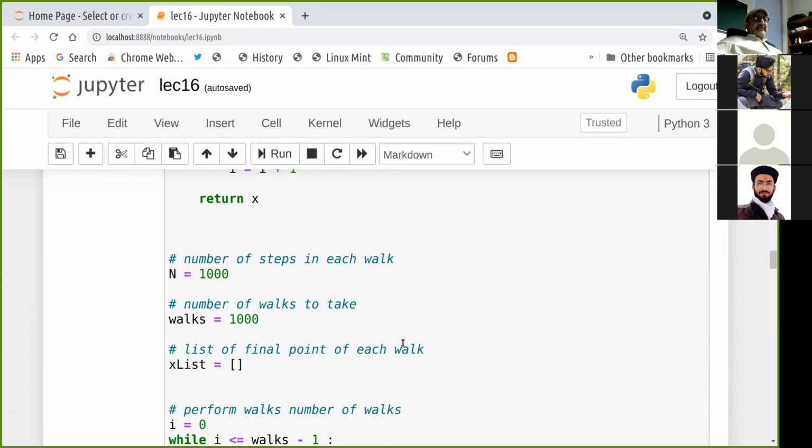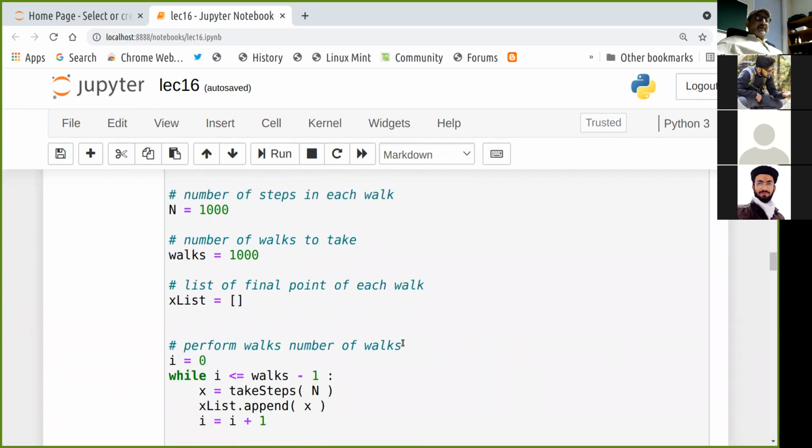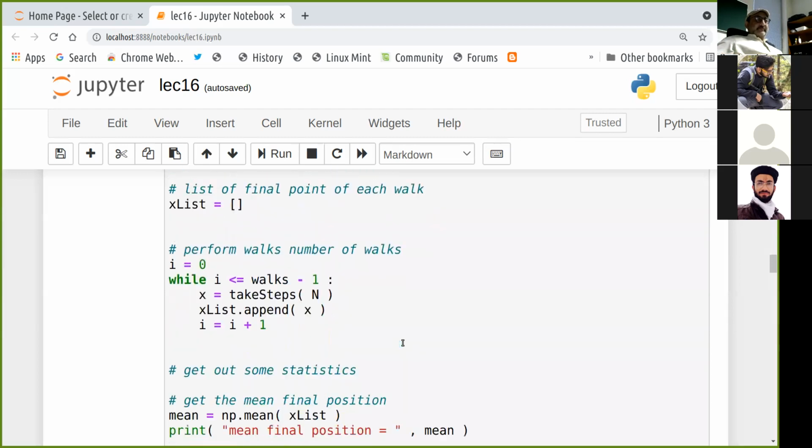Let's say the number of steps in each walk is 1,000, and let's do 1,000 walks independently of each other. Every time we get to the end of the walk, we put that end state into a list, which I'll call X list. So we do that n equals 1,000 times, and every time we append the final result to X list.